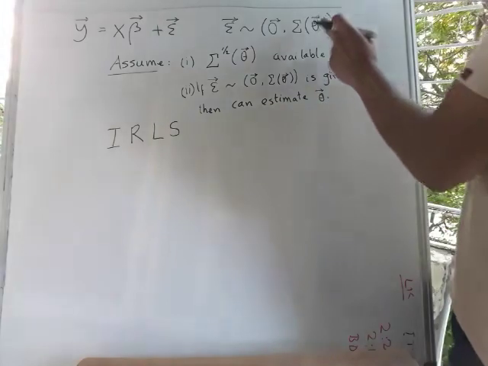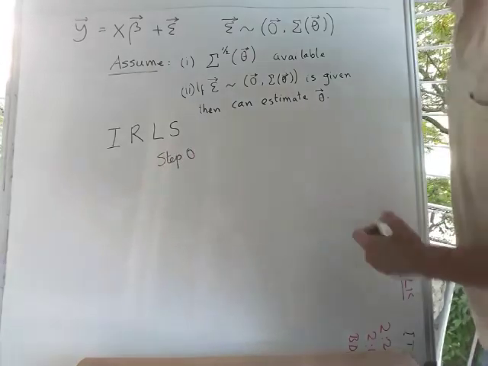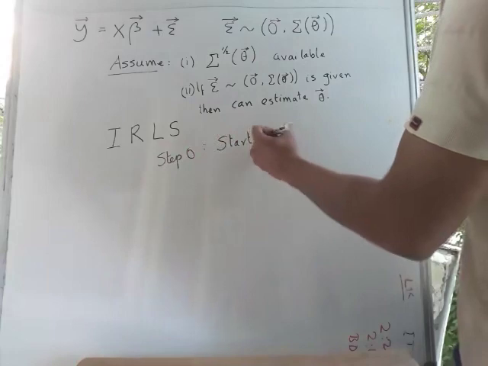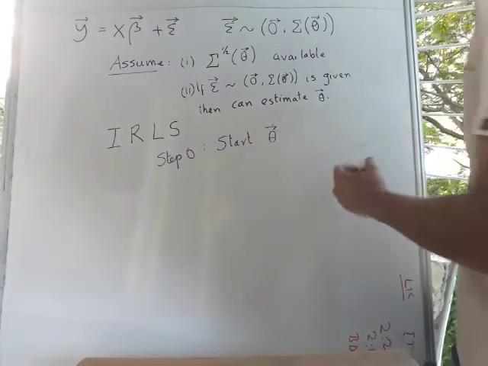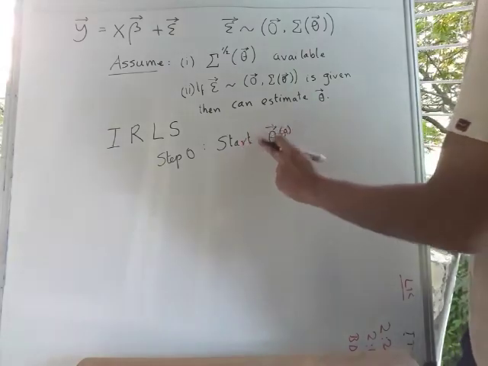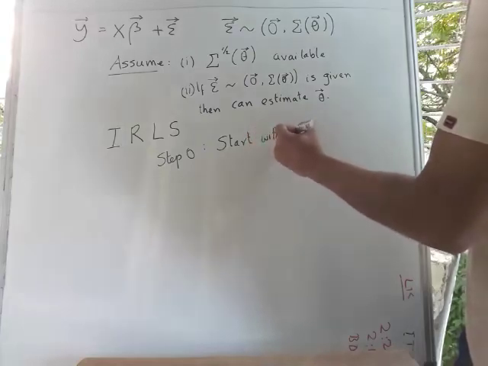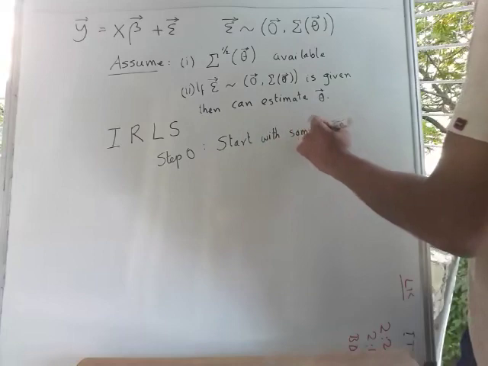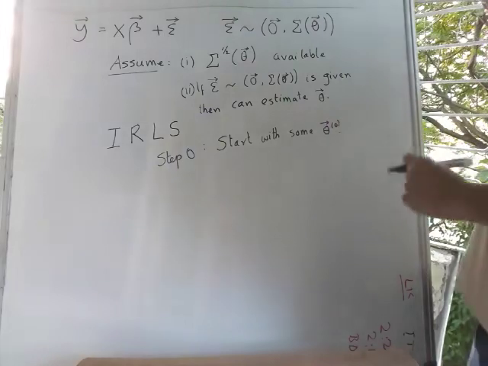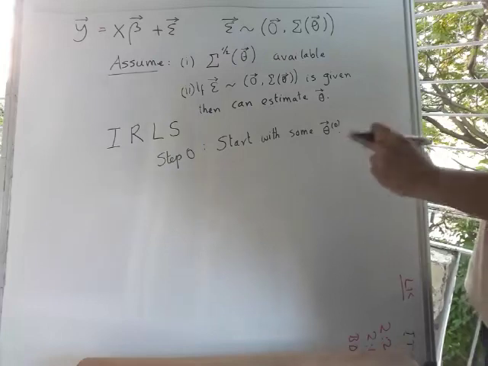You first start with a guess for theta. So step 0. In step 0, you start with a guess. And this guess turns out to be quite unimportant. So you can just start with something which I call theta 0. This algorithm is pretty insensitive with respect to the choice of this initial guess. So once you have that, you compute the Cholesky square root using this technique and you apply GLS.